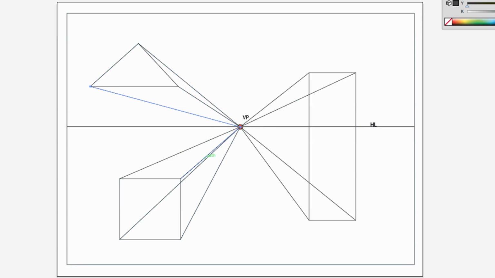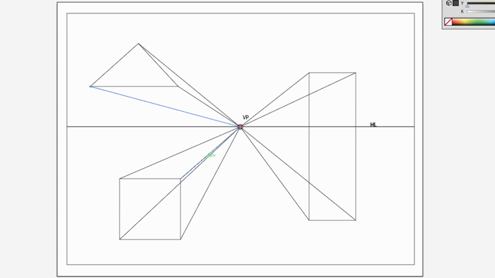Okay, now when we look at these objects, they look like they're receding to infinity. They're going all the way back to the horizon line. Our next job as the artist is to go in and establish the correct depth of these objects. And this is an artistic decision.